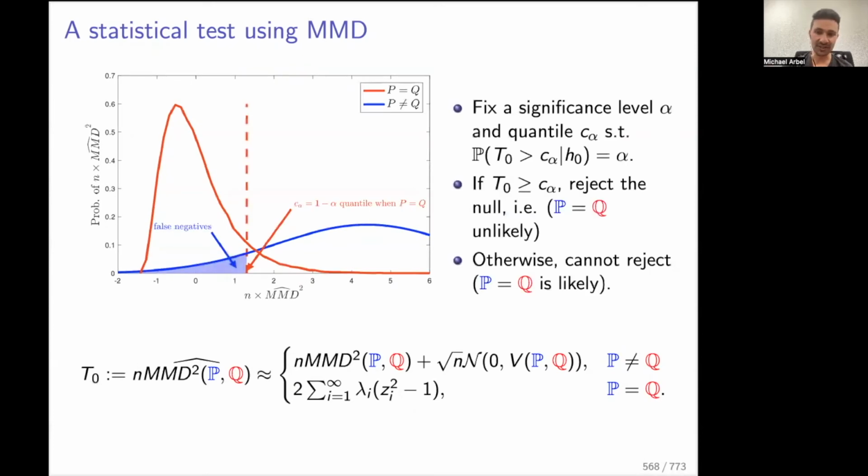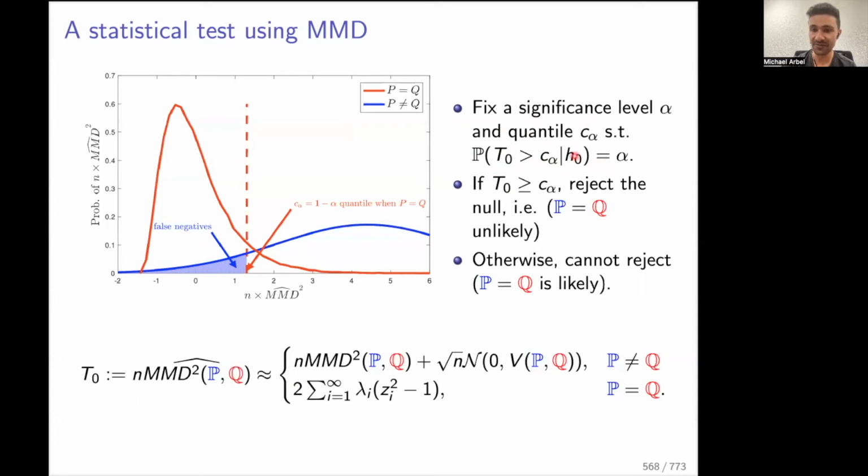But to be much more precise, what we'd like to do is to fix a significance level alpha, which is a positive number smaller than 1, and its corresponding quantile, which is a scalar C alpha. This quantile is defined so that the probability of the statistic that we observe in the scenario where the null hypothesis holds, meaning that P is equal to Q, being greater than the quantile C alpha is equal to alpha.